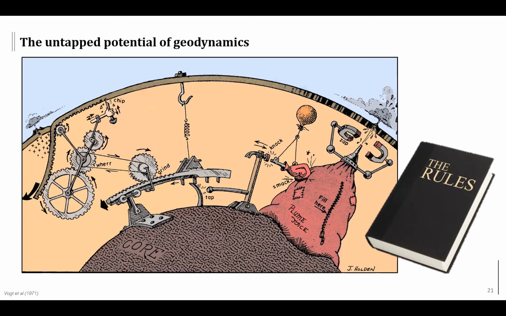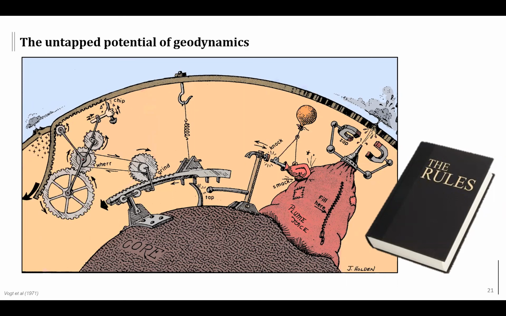They need to be consistent with the rules of geodynamics. It's something we've been talking about a lot in the team since I joined NAFTEX: how can we build this sort of geodynamic rulebook that allows us, for any plate model that we have, to have almost like a checklist, a go-to guide to pick out things that that plate model may be predicting that are simply not possible on Earth?